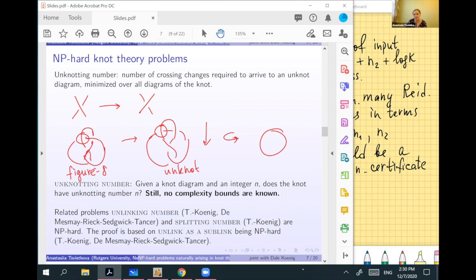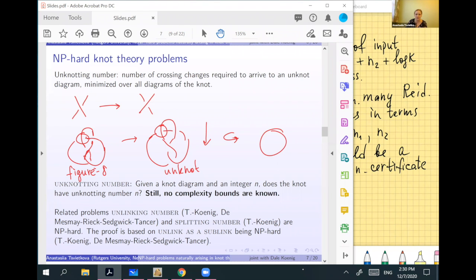So what it means is that if, for example, I had 2 changes to do here, I could not state that this has unknotting number 2, because maybe there is another diagram where I only need one crossing change.